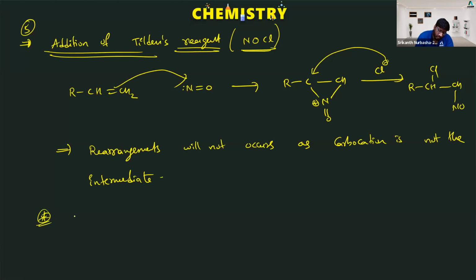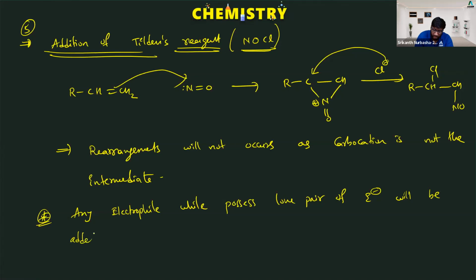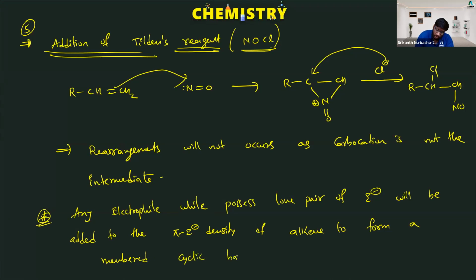Always remember, any electrophile which possesses a lone pair of electrons will be added to the pi electron density of the alkene to form a three-membered cyclic halonium ion. Is that clear to everyone, students?